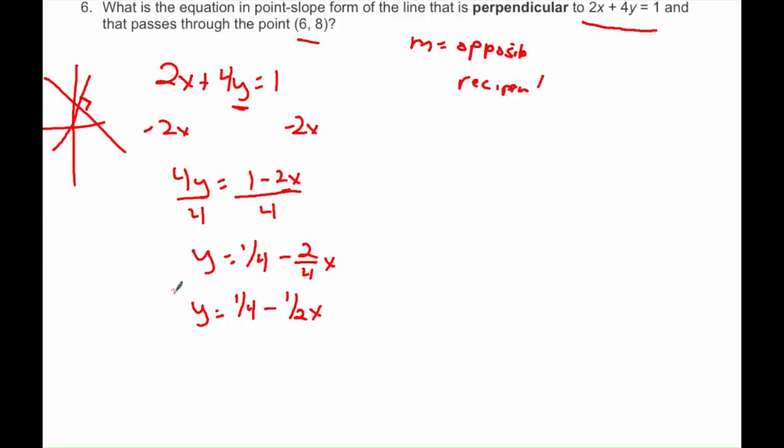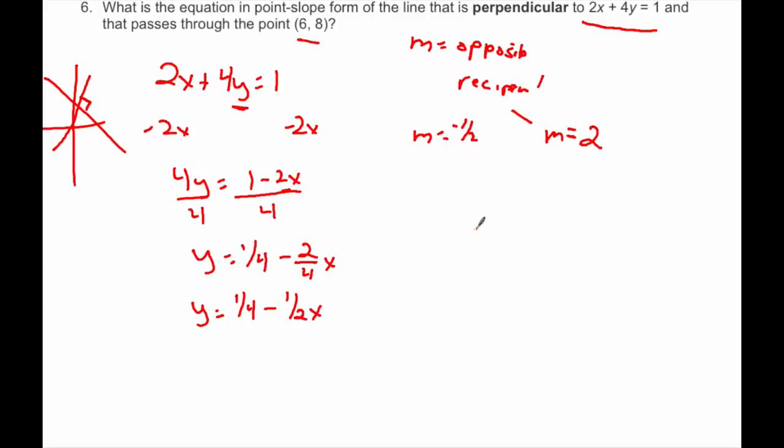That is slope-intercept form in its simplest form. The perpendicular slope of this one is the opposite reciprocal. So if the slope is negative 1/2, the perpendicular slope will be the opposite sign, which is positive, and the reciprocal of 1/2 is 2. So my slope is 2, because when I multiply those two together, it equals negative 1.